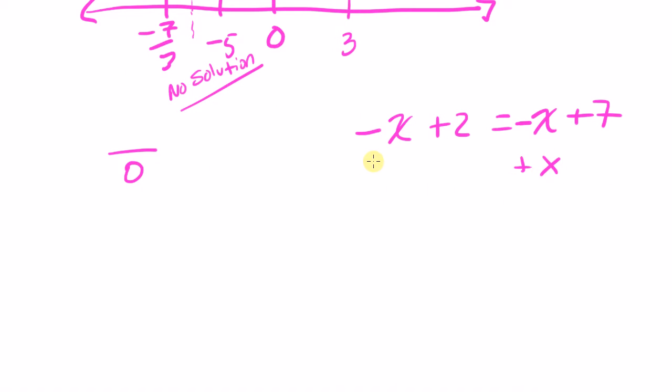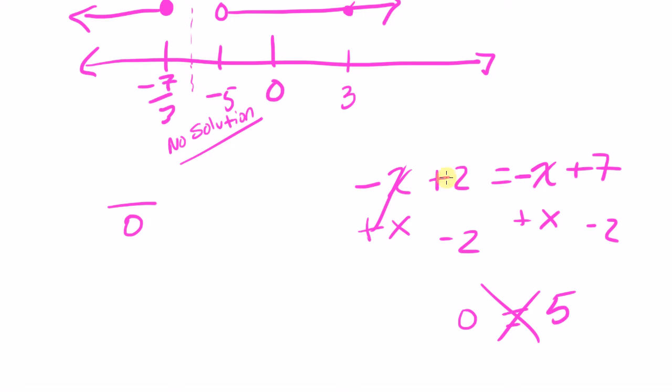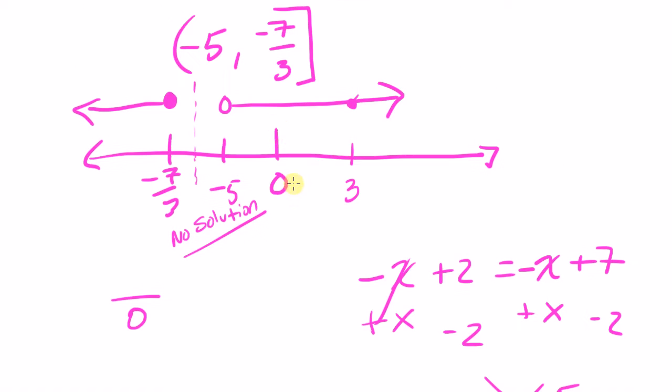So when I add x and I add x, the x's go away. And when I subtract 2 and I subtract 2, I get 5 is equal to 0 x's, or 0. And there's no solution there. So there's no value that would make this true.